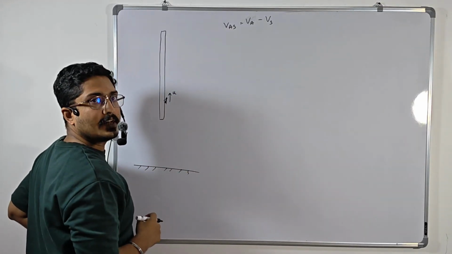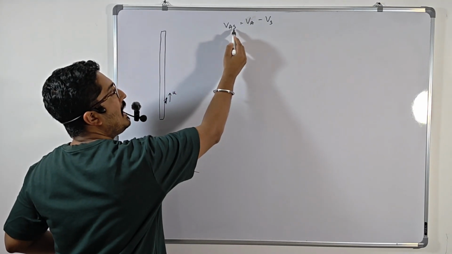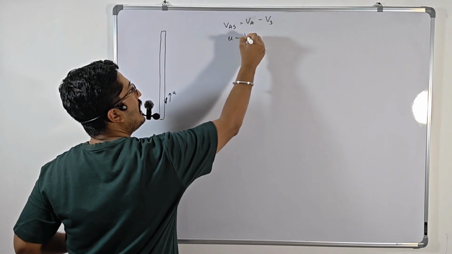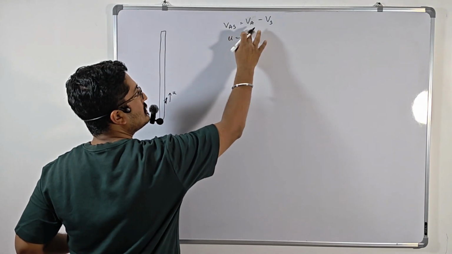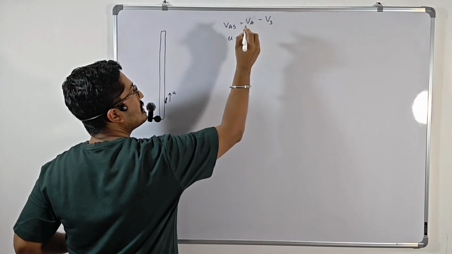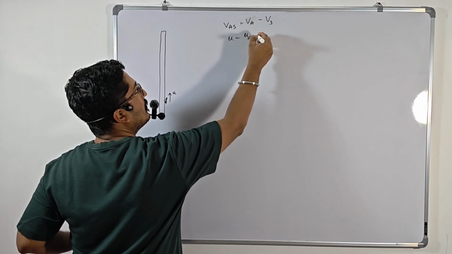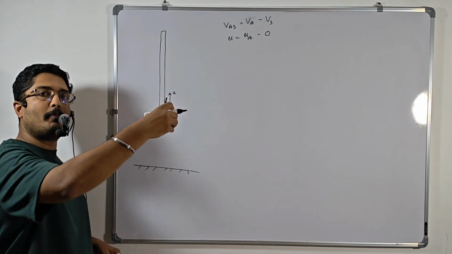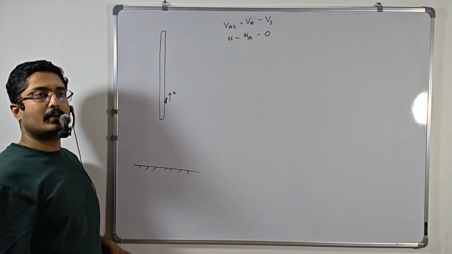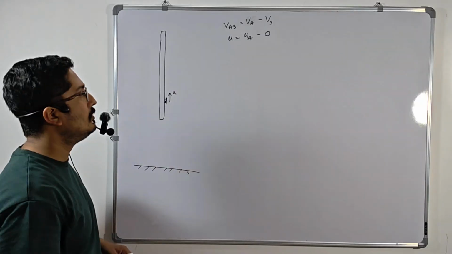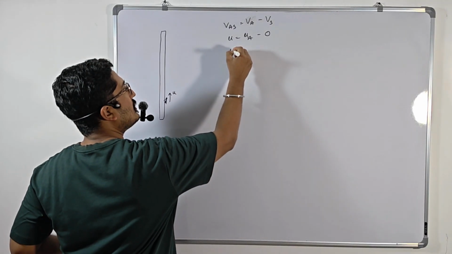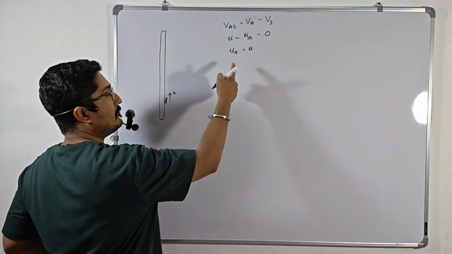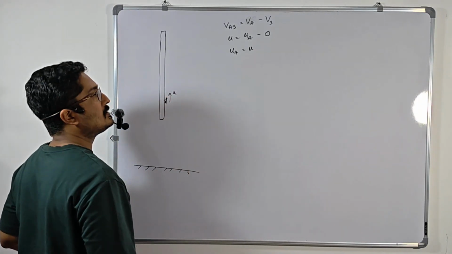The velocity of the ant with respect to the stick is upwards, that is u. The velocity of the ant, I don't know the initial value, so let us call it ua, minus 0. Because the stick is dropped from the top of the tower, its initial velocity is 0, and therefore the velocity of the ant is u, upwards, positive. I'm considering the upward direction as positive.